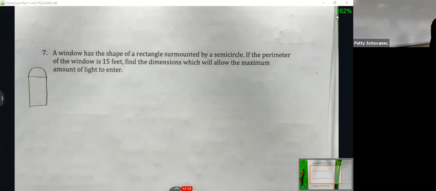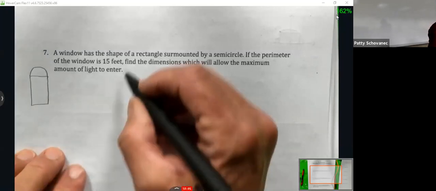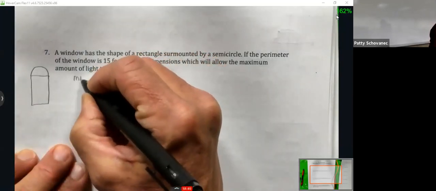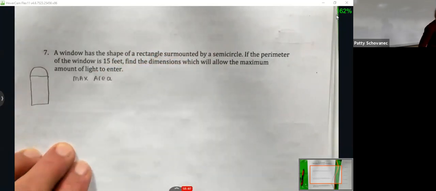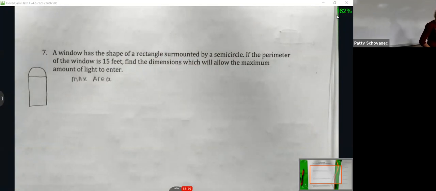So how do I get the maximum amount of light in there? What am I maximizing? Overall area. We want to maximize the area. So we have 2 areas to consider, a rectangle and a semicircle.